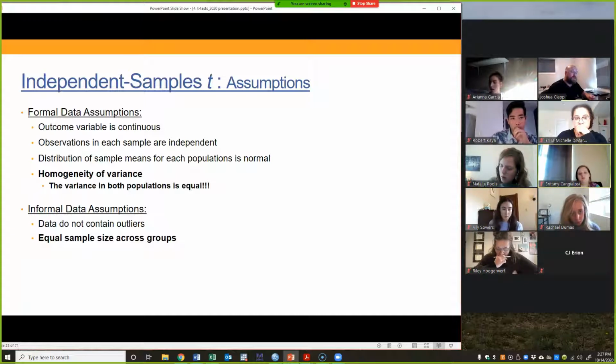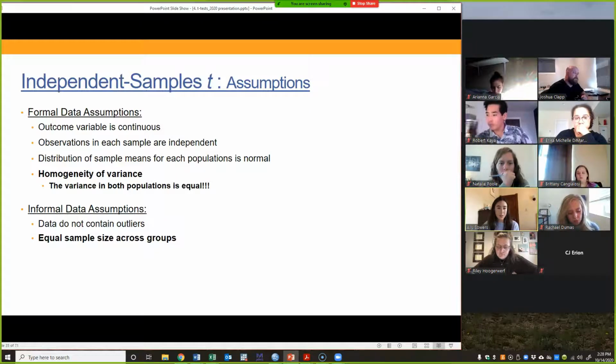Okay, we're going to assume the distribution of sample means for each population is normal. So Ali, if I'm saying the distribution of sample means for each population is normal, do I have strong assumptions about the observed data that I see in my sample? Sorry, so if the sample means are normal, then... The distribution of sample means is normal. Yeah. So do I, with this test, have explicit assumptions about what the distribution of scores in my data look like?